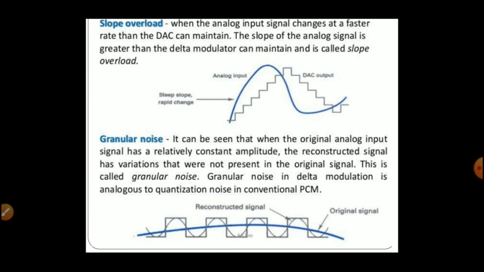Granular noise: when the original analog input signal has a relatively constant amplitude, the reconstructed signal has variations that were not present in the original signal. This is called granular noise.